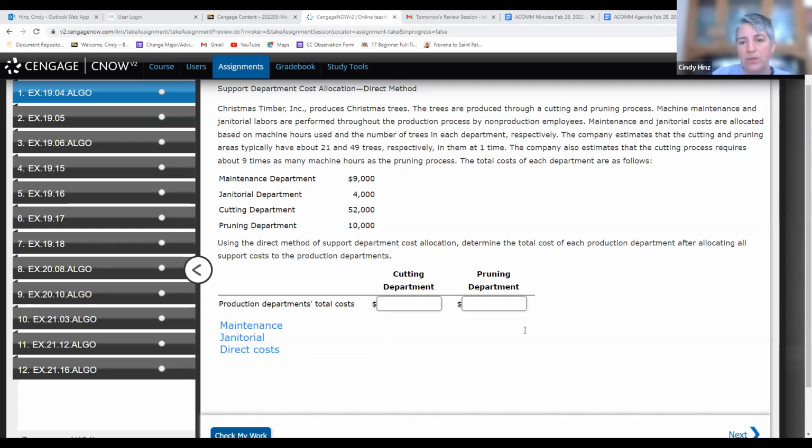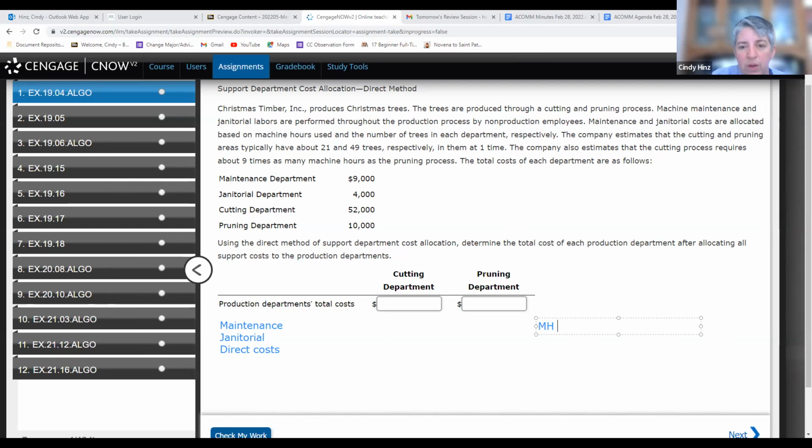Okay. So maintenance is going to be allocated based on machine hours. So I'm just going to put a note here to remind myself, machine hours, and it tells us right here, the company also estimates the cutting process requires about 9 times as many machine hours as the pruning process.